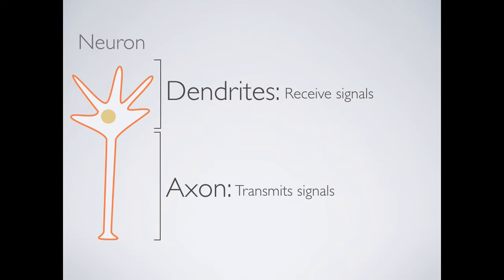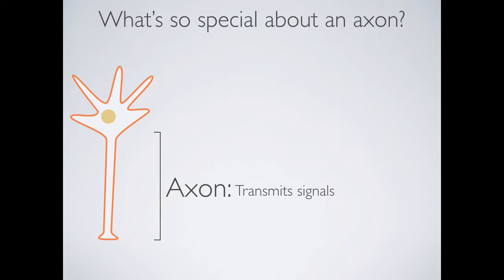All right, so let's start this presentation by focusing on the axon. And then once we lay out the basics of how the axon works, then we'll go back and consider the dendrites. Okay, so the first question is, what is so special about the axon?